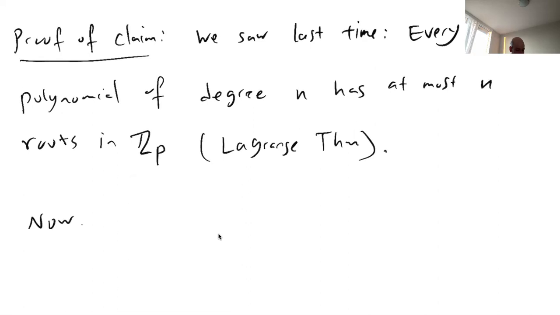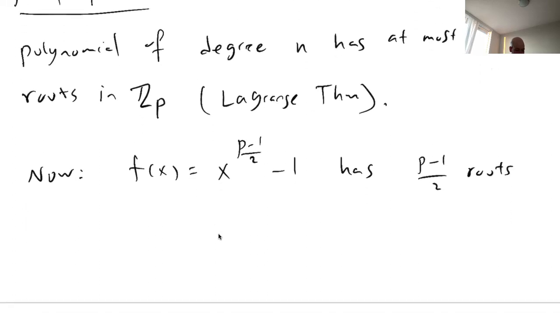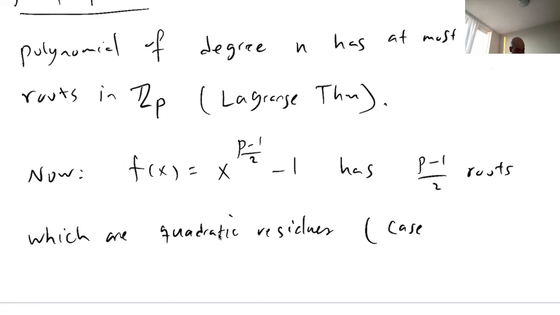Now, let's say f of x equals x to the power (p minus 1) over 2, minus 1, has (p minus 1) over 2 roots which are quadratic residues, which is what we showed in case 1.